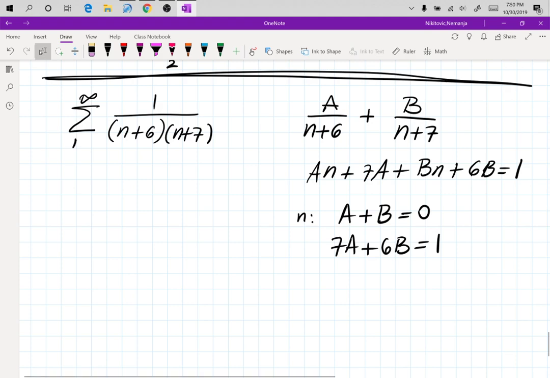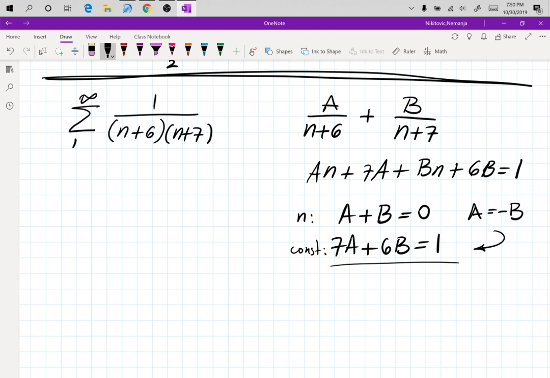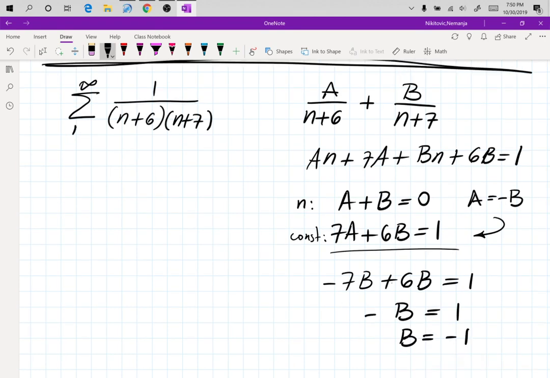That's the constant, right? Now we can say that a is negative b or b is negative a, whatever, and just plug in. That's the fastest way. So we have negative 7b plus 6b equals 1. That's negative b equals 1. b equals negative 1. And if b is equal to negative 1, then a is equal to positive 1.